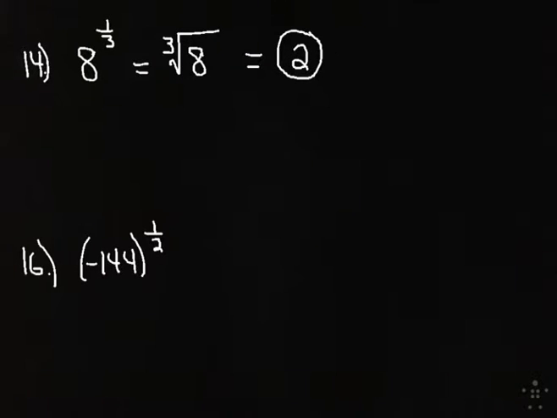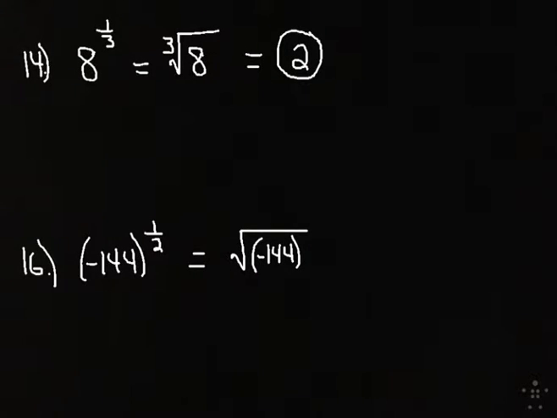Now, if you look at number 16, same type of problem to evaluate. We probably want to put it in radical form. So the index is 2, so we have a square root, and this is in parentheses. So -144, all right, to the 1st power. Now, there's not a real number that gives us this, but we can figure out what it is.